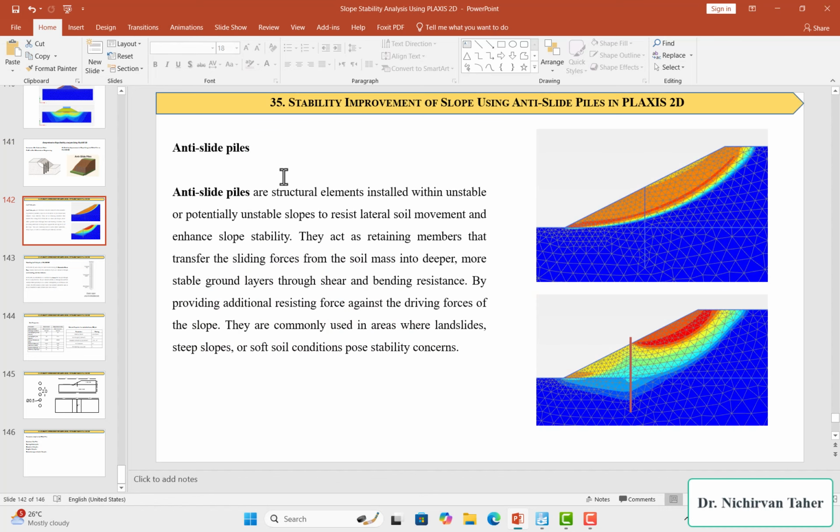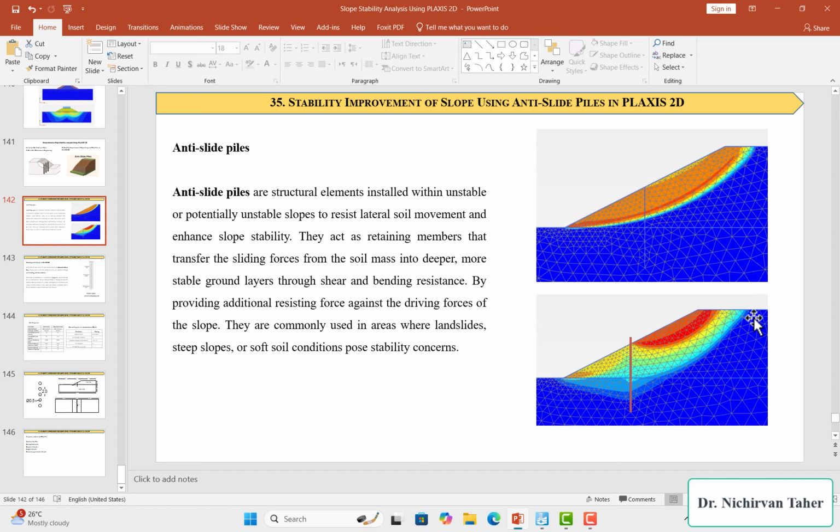So what are these anti-slide piles? Anti-slide piles are normal piles which are a structural member. They are installed within unstable or potentially unstable slopes to resist the horizontal or lateral movement of soil and improve the stability of the slope.